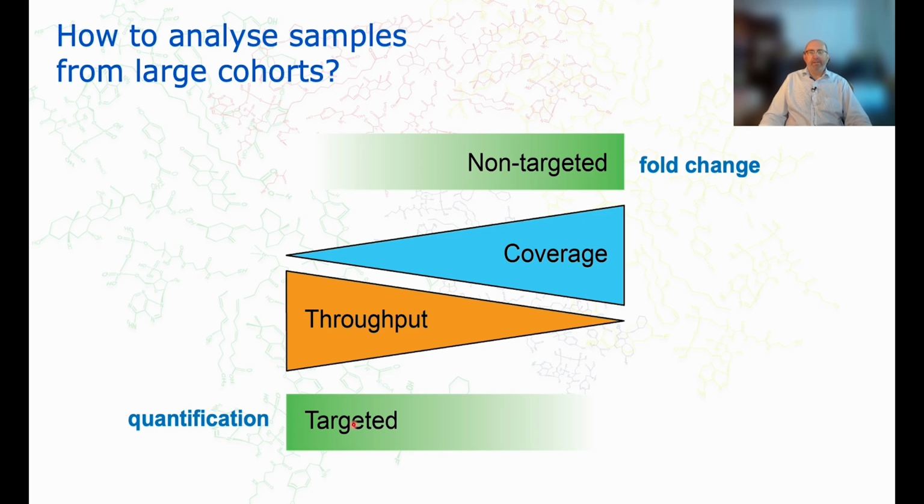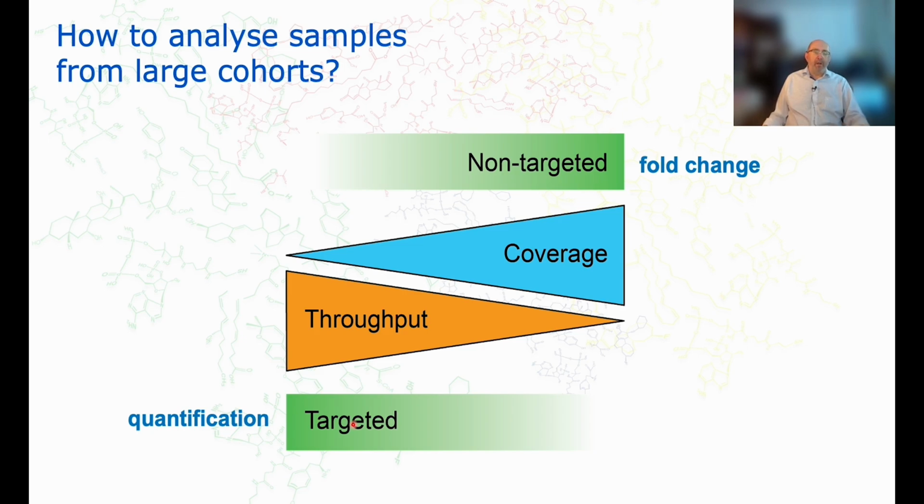The non-targeted approach covers a lot of different pathways, but might have some issues with low concentrated biomarkers or molecules from signal transduction pathways. The usual output from non-targeted metabolomics will be fold change when comparing different phenotypes, disease or health. In quantification metabolomics, low concentrated biomarkers will be covered.